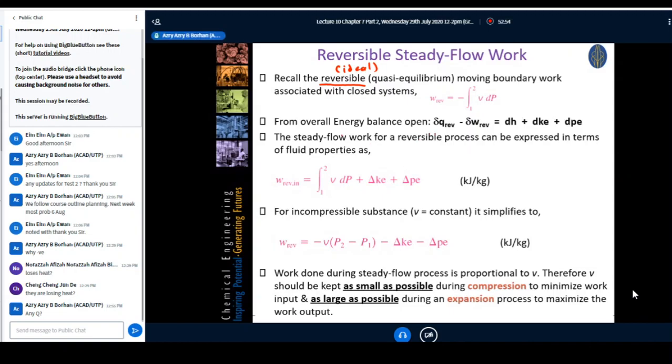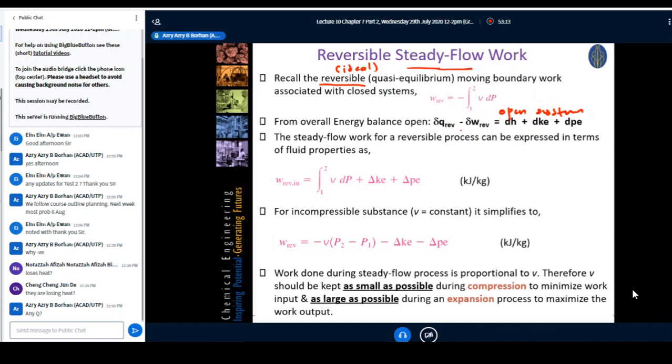Okay, so now, starting from your energy balance for steady flow devices for an open system. One example of an open system is steady flow devices, right?